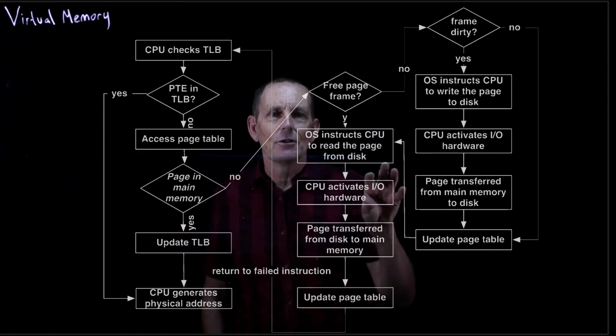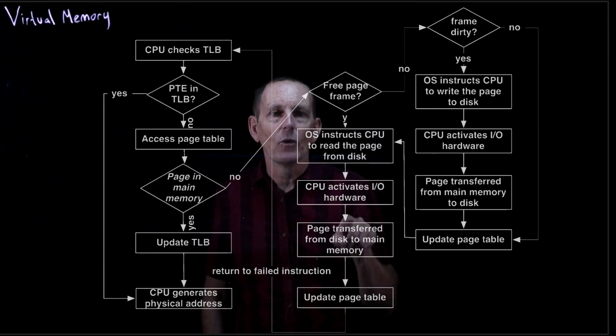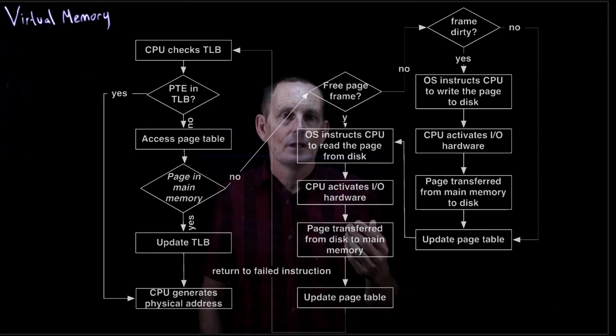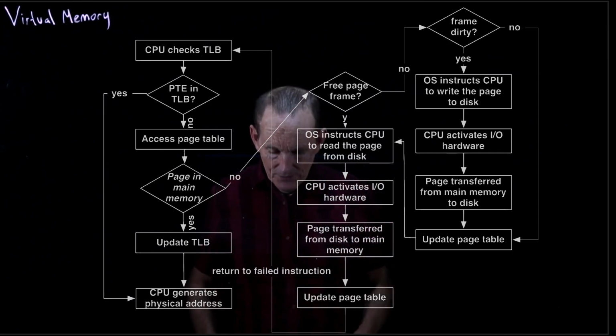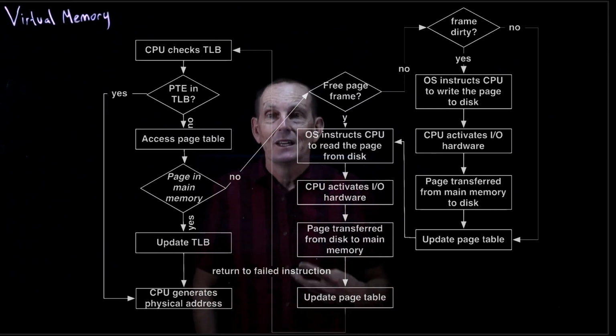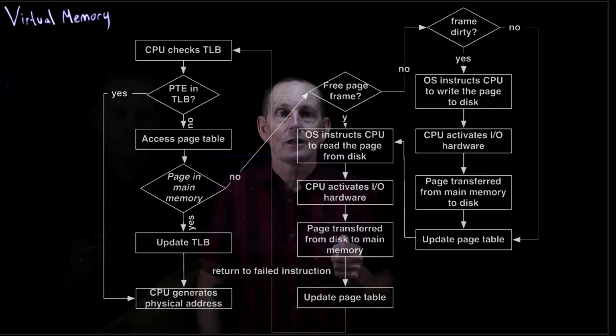A couple of things to note here. One, while we're activating this I/O hardware and waiting for the page to be transferred from the disk to main memory, do we just sit there waiting? Not at all. Imagine if we did. A CPU today might easily run a billion instructions per second.